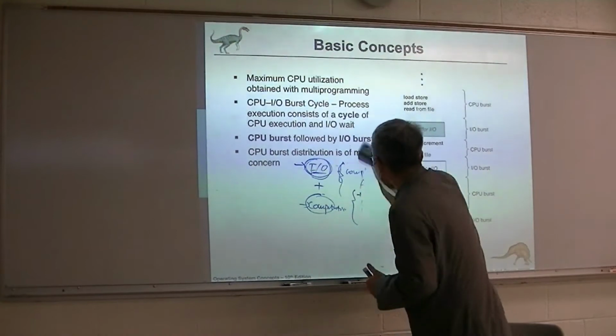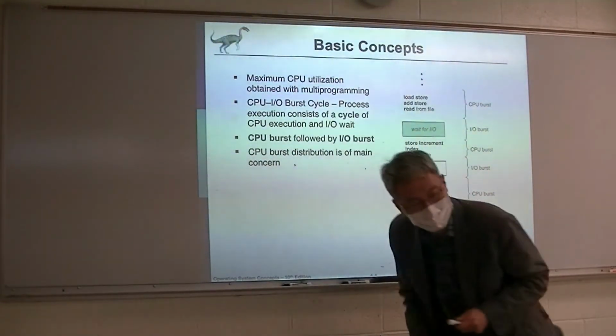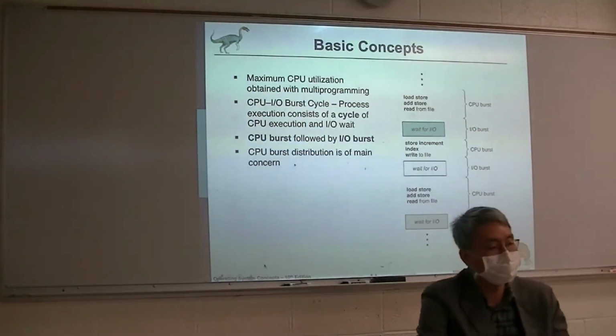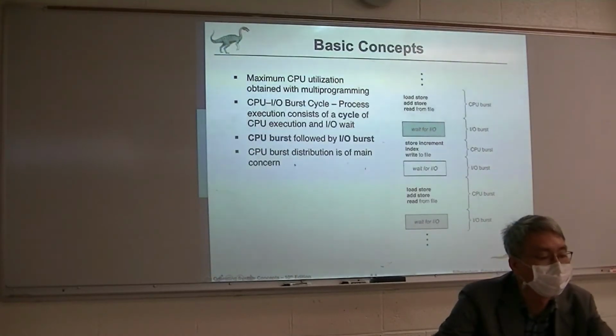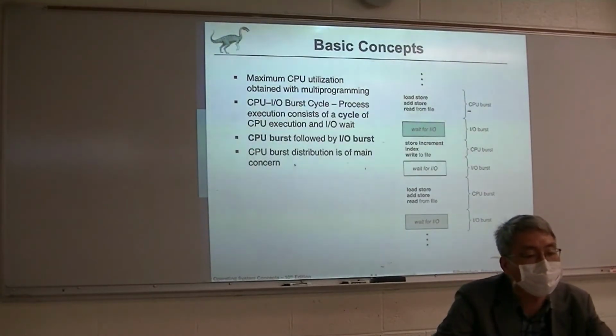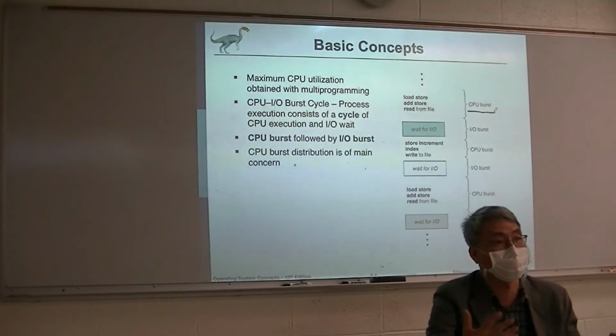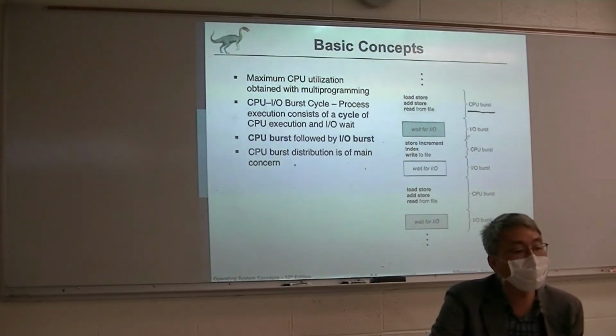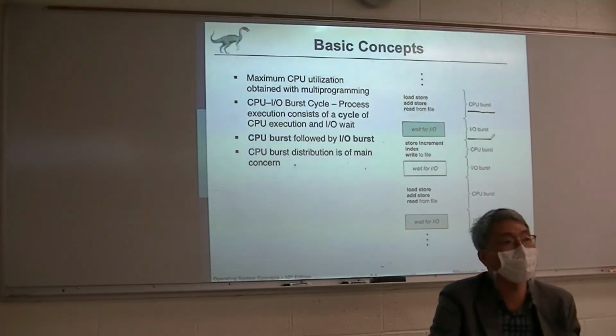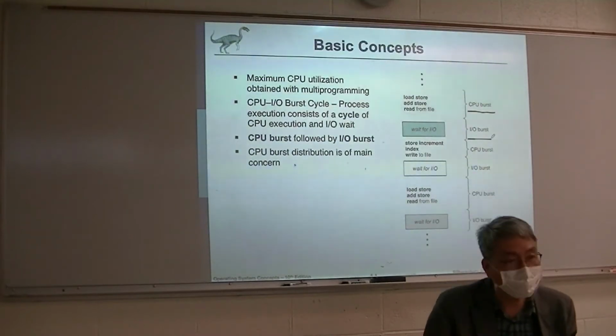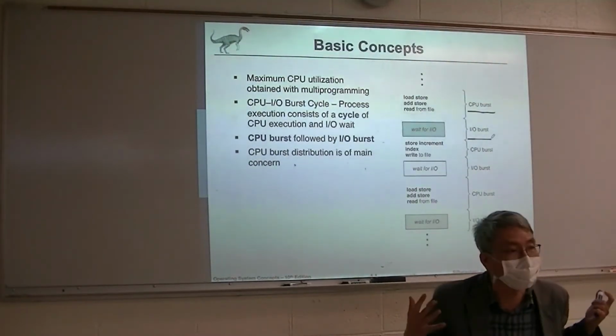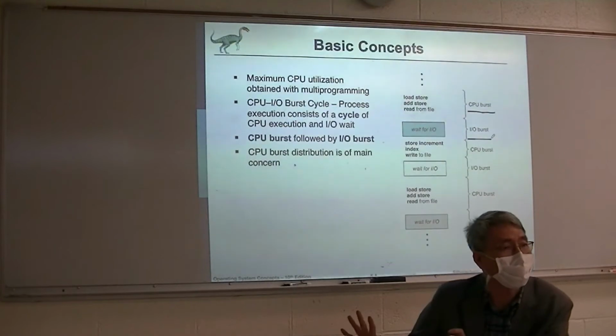So we try to utilize this time. We can divide the CPU time like this. CPU burst time means computation. Then the I/O burst time is the I/O wait. During that time, the CPU cannot do anything, just waits. So we don't want to waste such I/O wait.